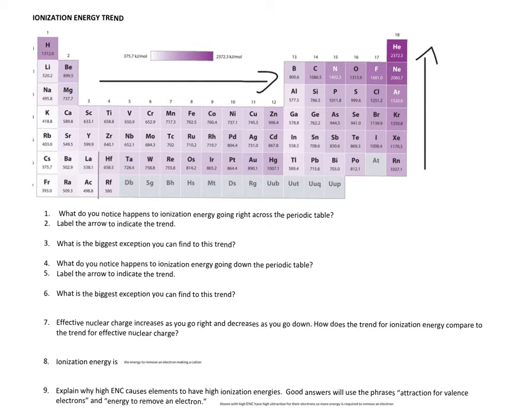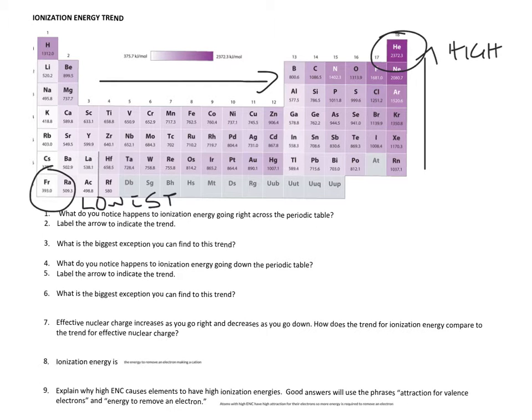So that means, just like effective nuclear charge, the highest element in terms of effective nuclear charge and ionization energy is helium, and the lowest is francium. Again, this is true for effective nuclear charge and ionization energy.